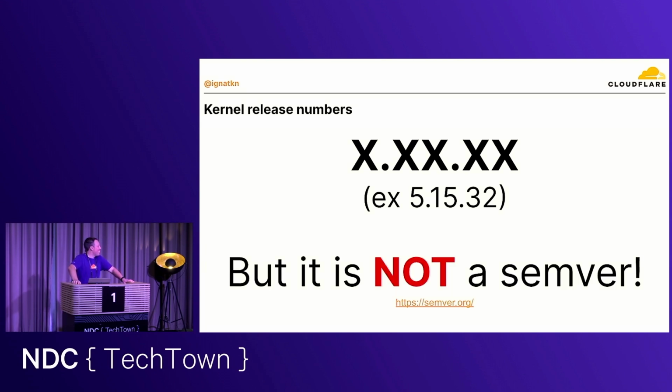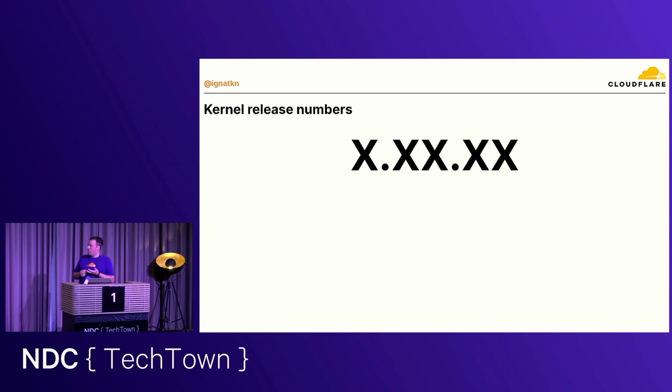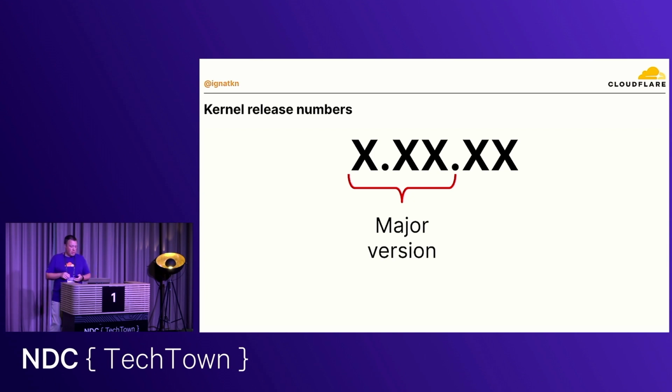This versioning was there before semantic versioning was even proposed, so even though it looks like it, it's not a semantic version. Instead, the first 2 numbers are the major version. It's not like in semantic versioning, where it's major and minor.